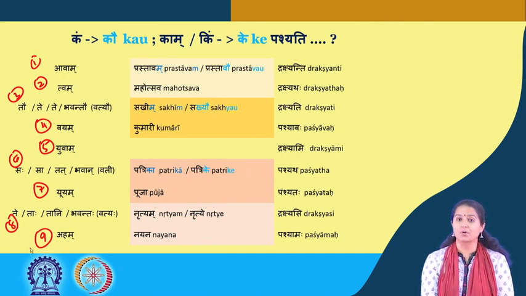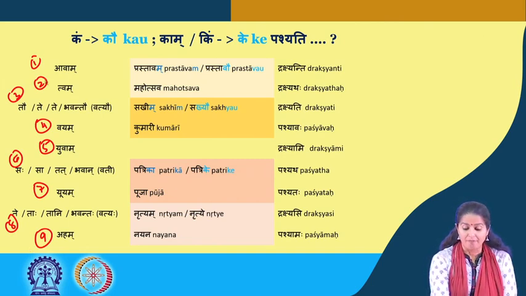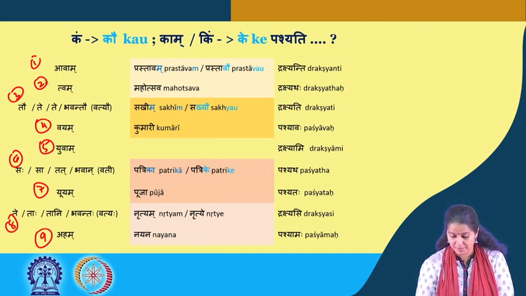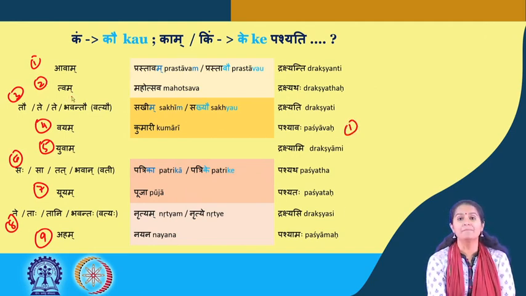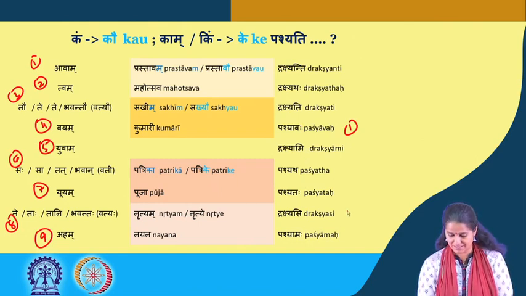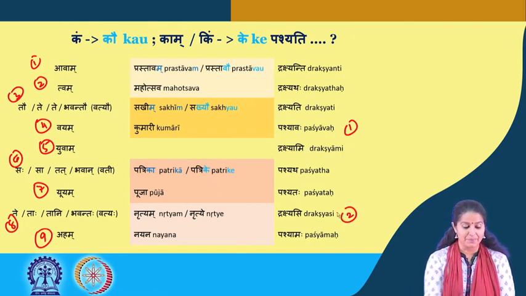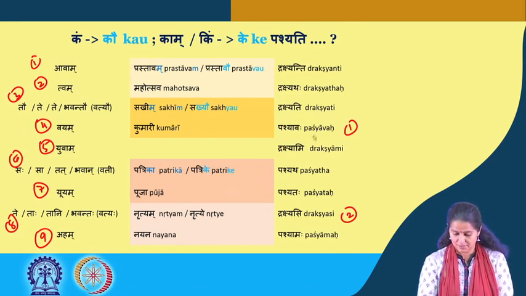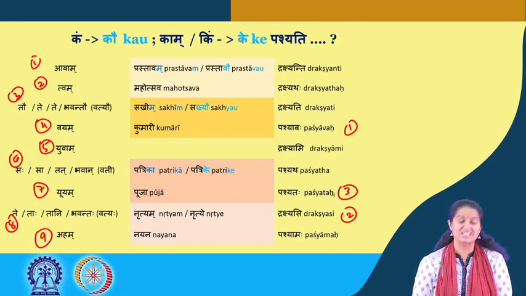And let's see the corresponding verb forms here. So, avam will go with pashyavaha. Tvam will go with drakshasi. Uttamam. Tau will go with pashyataha.